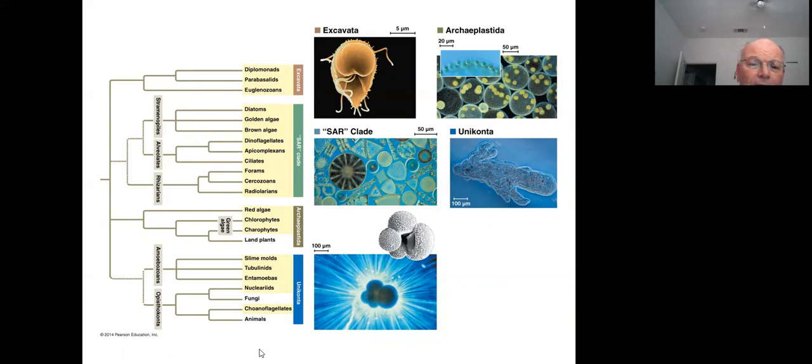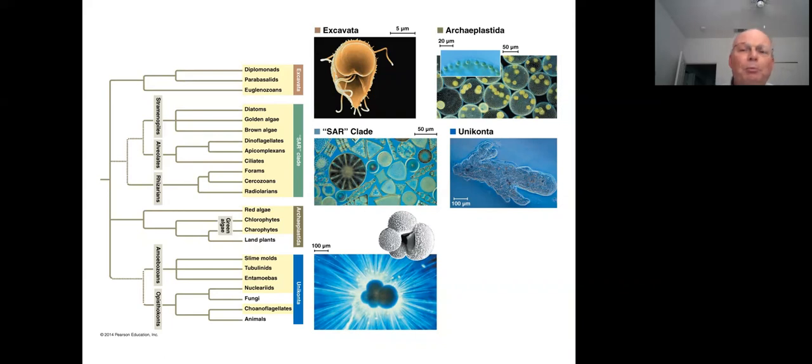And animals are closely related to the choanoflagellates, and we will discuss the choanoflagellates when we talk about the animal kingdom, and I give you an introduction to the animal kingdom when we do chapter 32 towards the end of the semester. But everything else in the yellow boxes, apart from those two, we will briefly touch upon today.